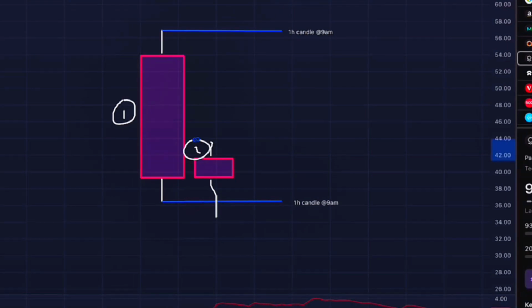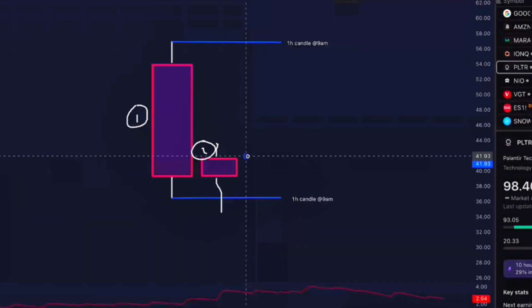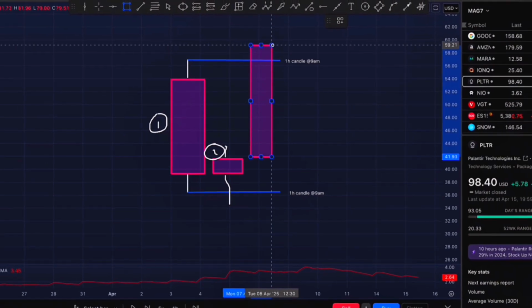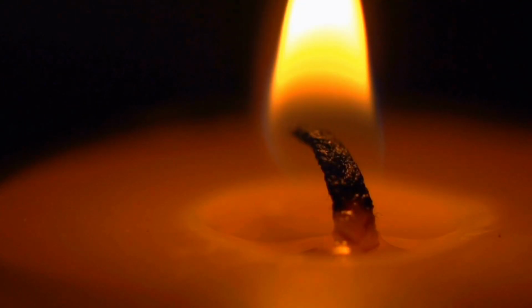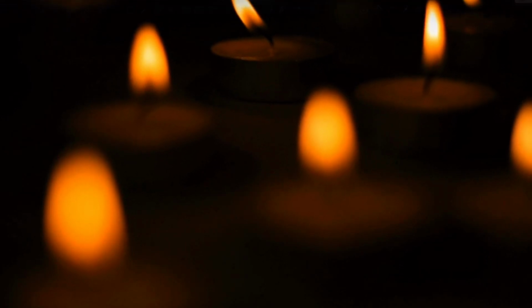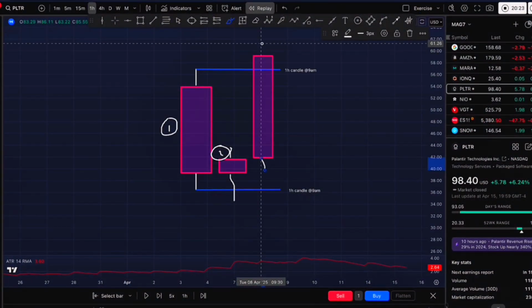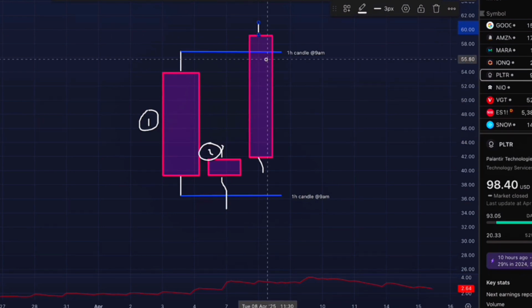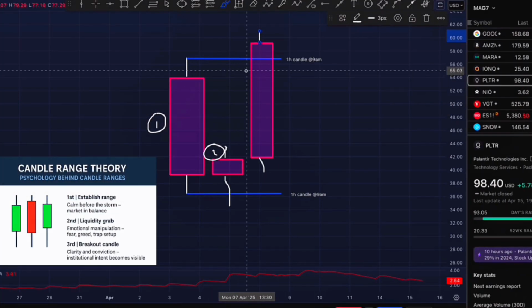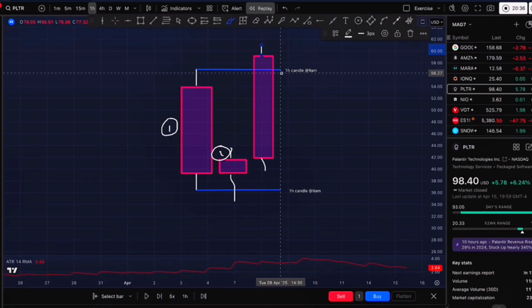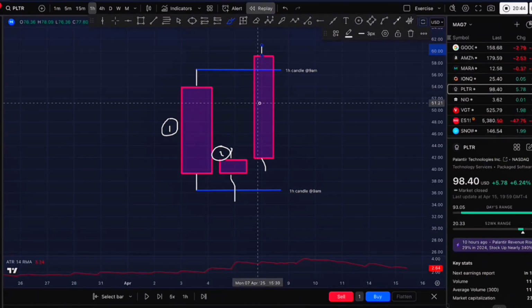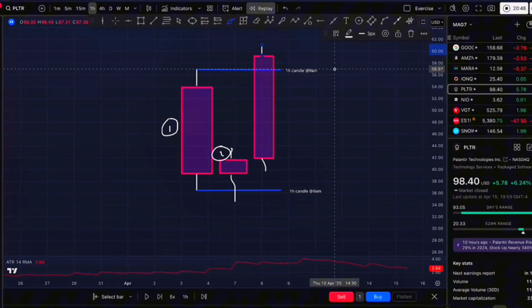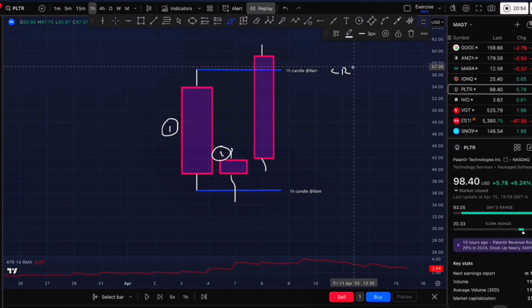Okay, so now let's say that we have a third candle here, with its corresponding shadow. What this candle did is break out of this 1 hour range that we have here. As you can see in this structure, this one here is the candle range high, and this one is the candle range low, right?